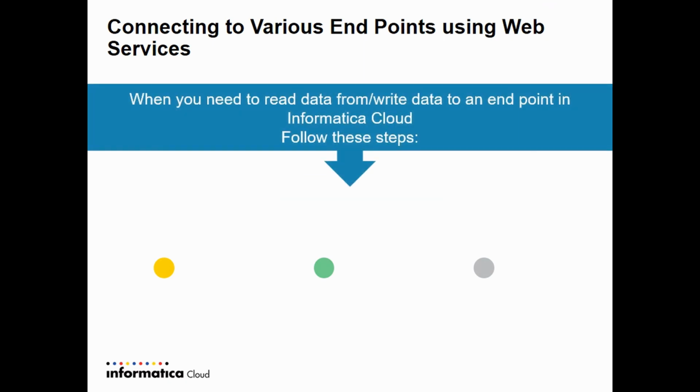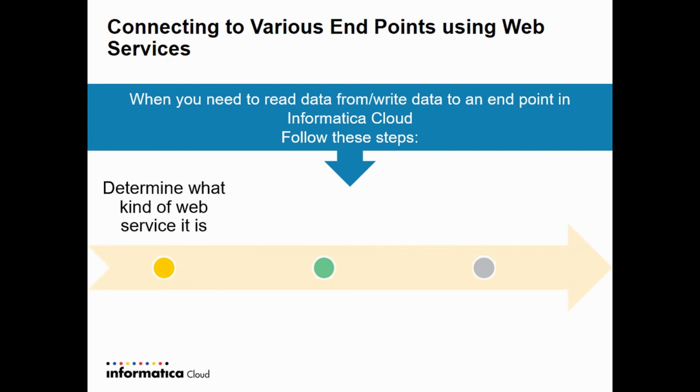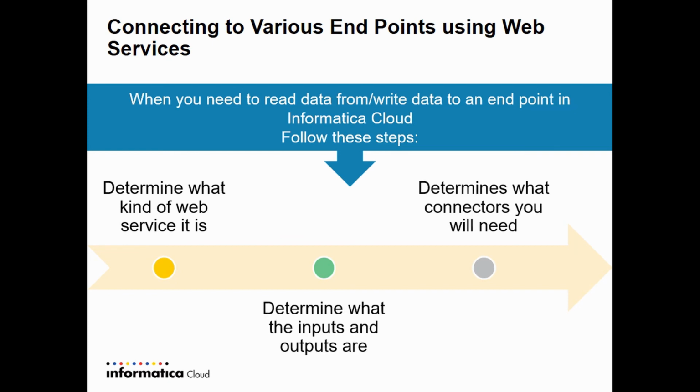When you need to read data from or write data to another endpoint in Informatica Cloud, you must first find out what kind of web service it is, what are its inputs and its outputs, and what components in PowerCenter will be used to convert the data into rows and columns. These questions will help you understand how to connect to other endpoints via the web service.